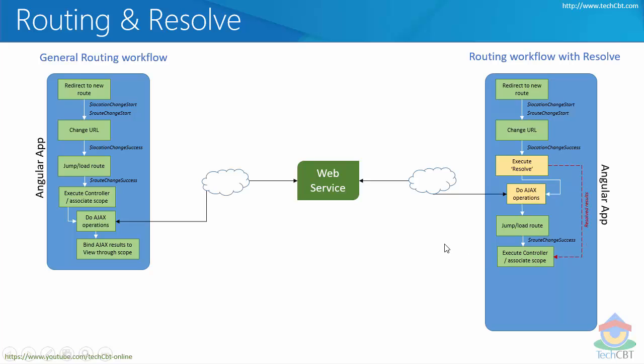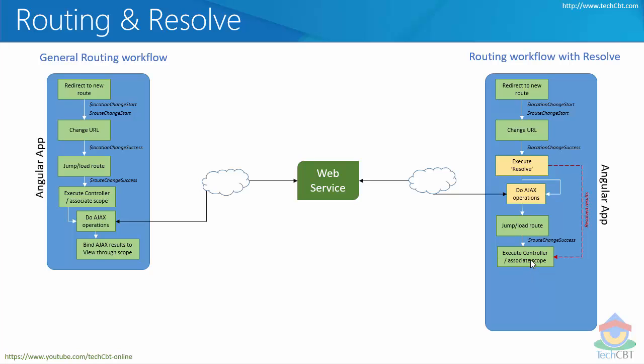And this is important. Once it resolves, it gets some data through AJAX operations or through your business calculations or whatever. So where does that data reside? Actually, ngRoute is smart enough to maintain the data till your controller gets ready.